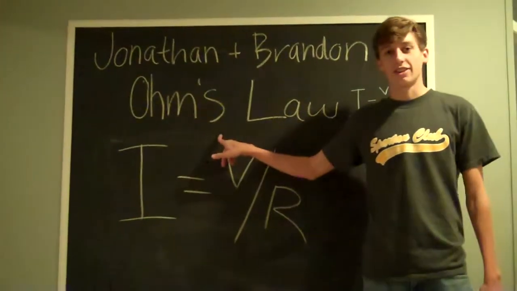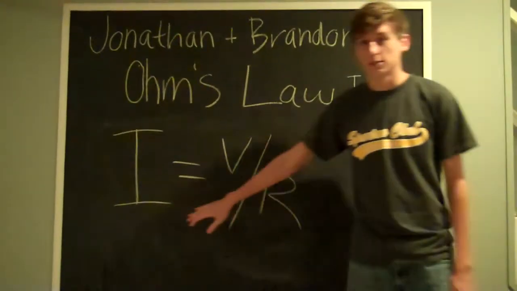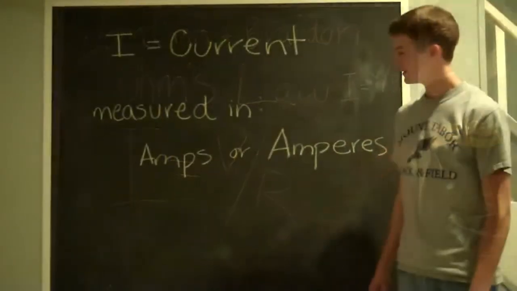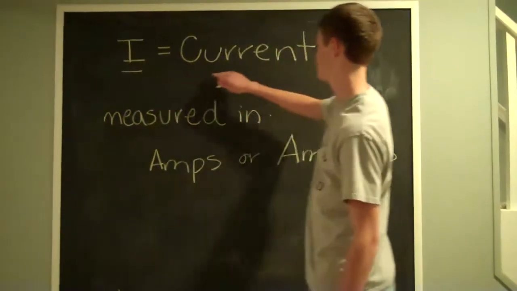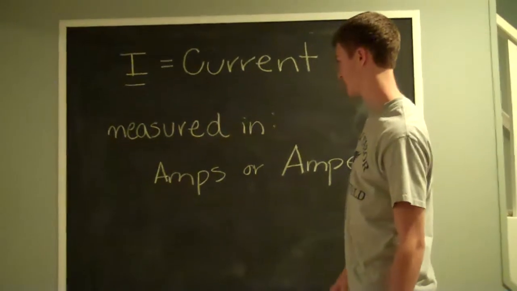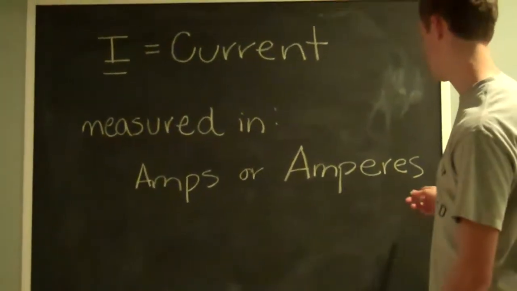We did Ohm's law, and it's I equals V over R. I is equal to the current, and it's not C because C is already another variable in circuits. It's measured in amps or amperes.